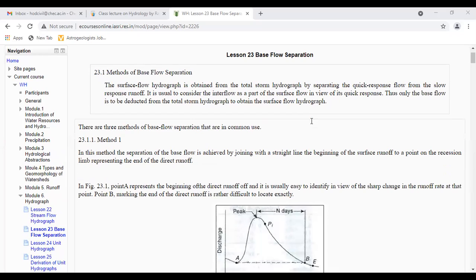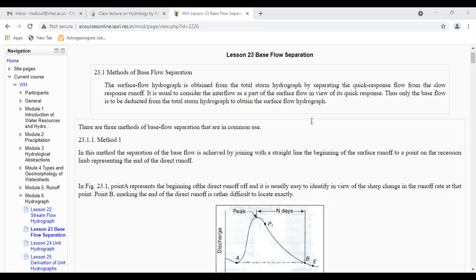It is usual to consider the interflow as a part of the surface flow in view of its quick response. Thus, only the base flow is to be deducted from the total storm hydrograph to obtain the surface flow hydrograph. There are three methods of base flow separation that are in common use.